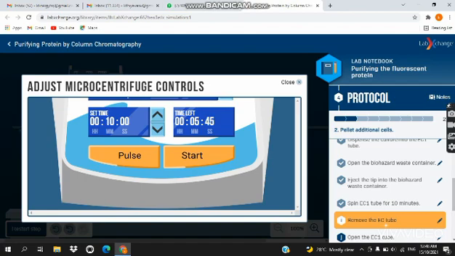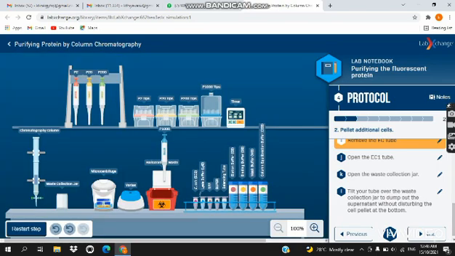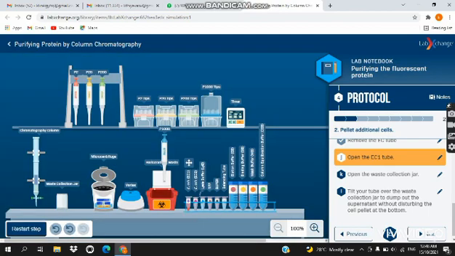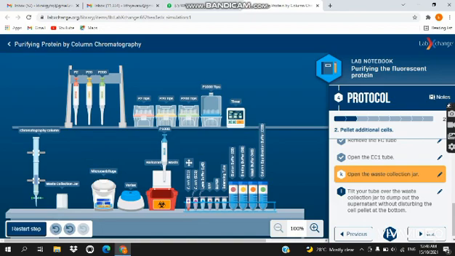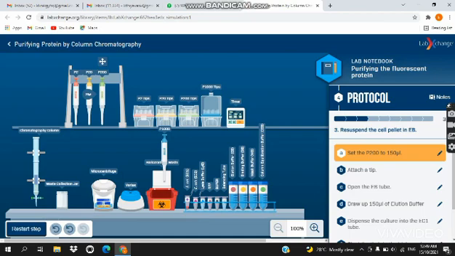Then after that, remove the EC tube, open the EC tube, and open the waste collection jar to remove the supernatant, leaving the pellet in 150 microliters.